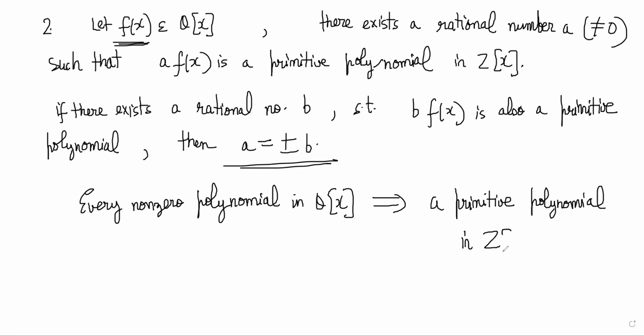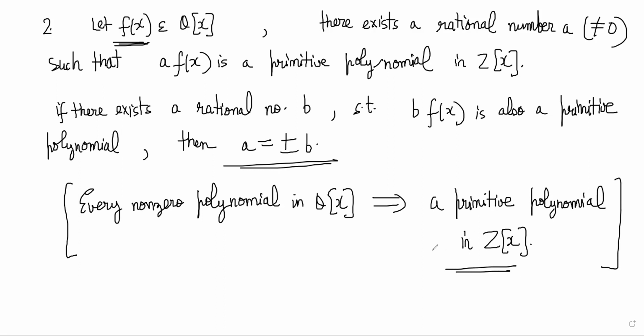We are stating this idea without proof right now, but you just need to use the property that for every rational polynomial in Q of x, there is a non-zero primitive polynomial in Z of x, right?